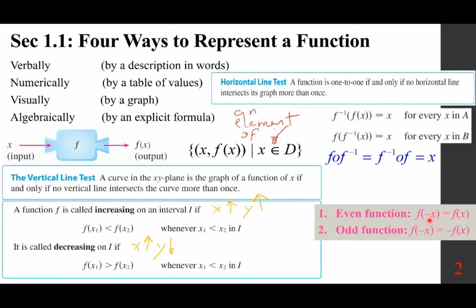Even function by definition, if f of minus x equals f of x, it's even. If f of minus x is minus f of x, it is odd.